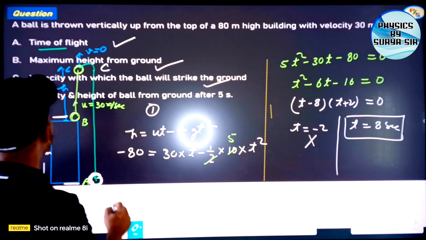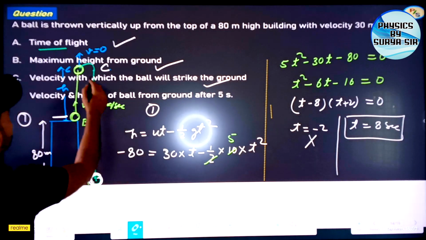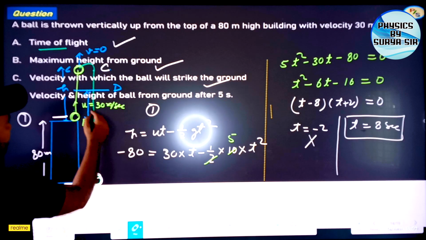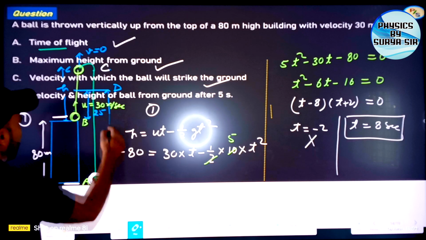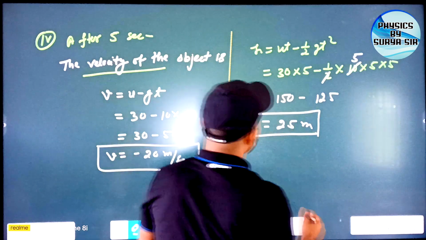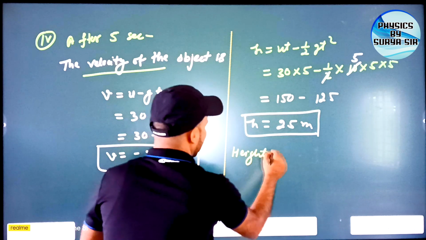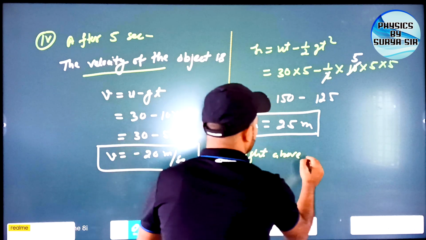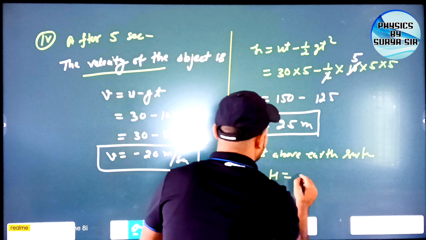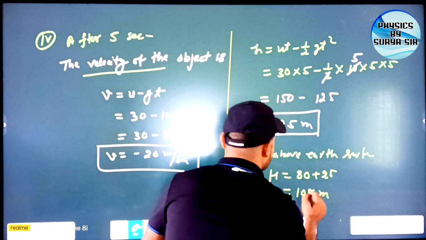Suppose after 5 seconds the position is, this is C, this is D. It is at D, so it is 25 meter above. So what will be the height above the earth surface? Height above earth surface h is equal to 80 plus 25, which means 105 meter.